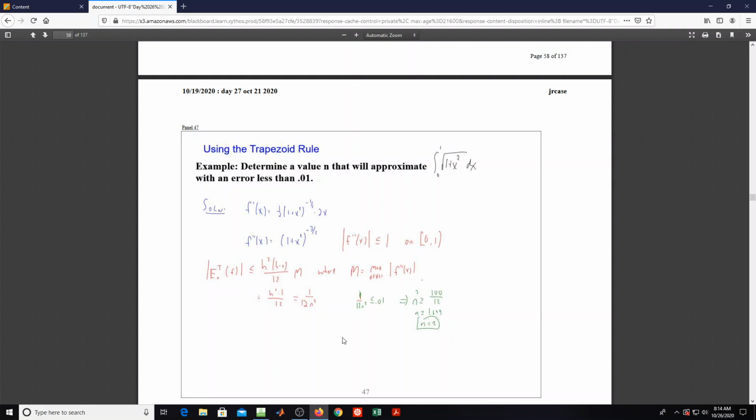Okay. And so n is going to have to be greater than or equal to 3, right? So I need 3 points.